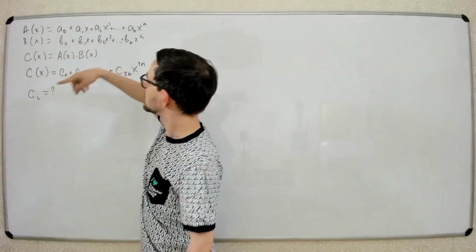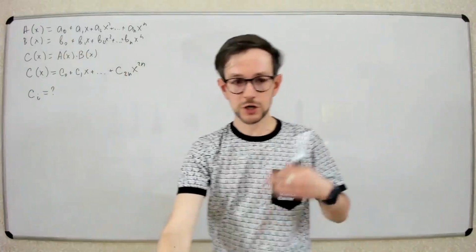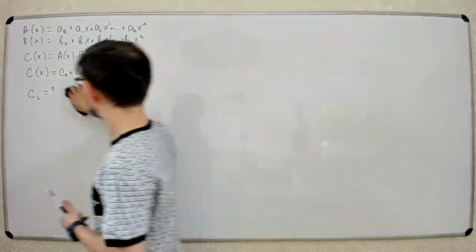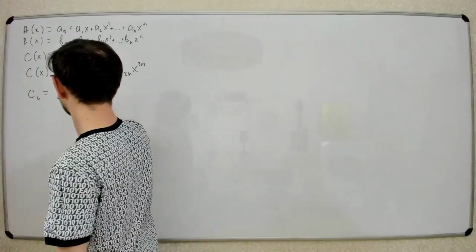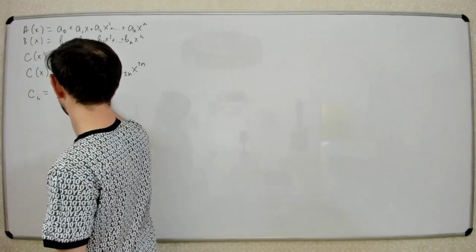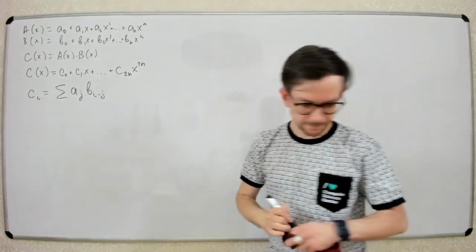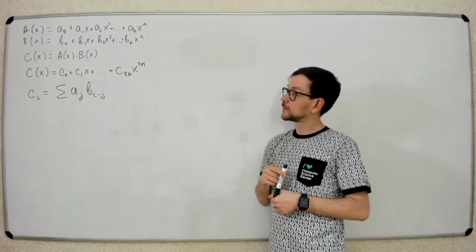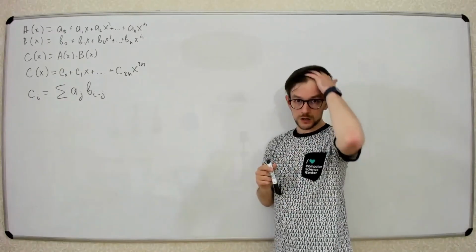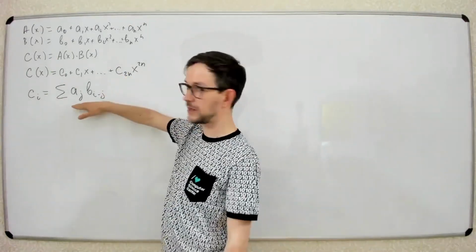The second coefficient will be the sum of this pair and this pair, and so on. So each coefficient c_i is the sum of all products a_j and b_(i minus j). To calculate the coefficients of polynomial c, we need to calculate these sums.